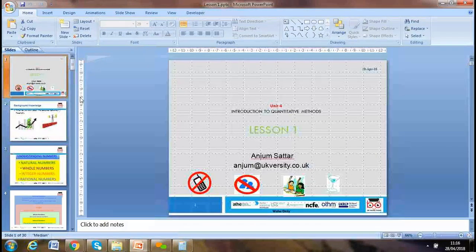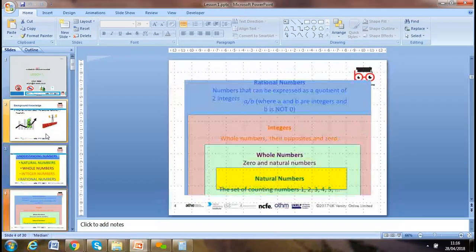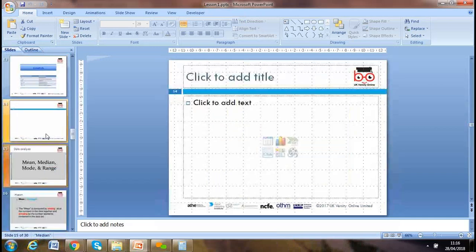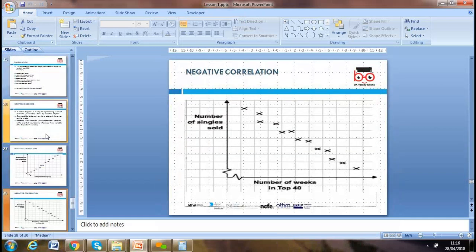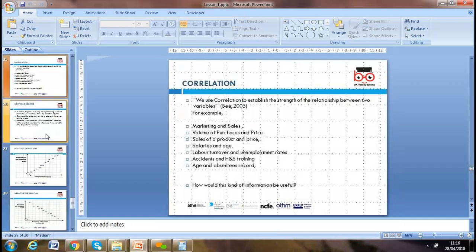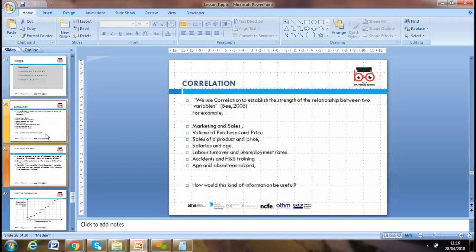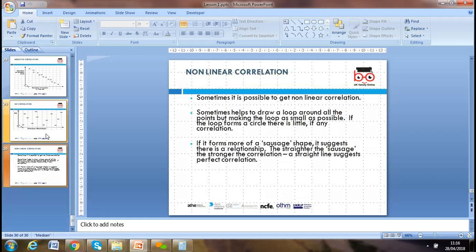Correlation means the relationship between two things.